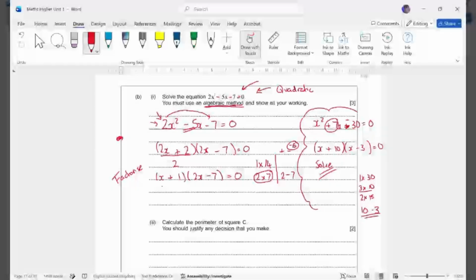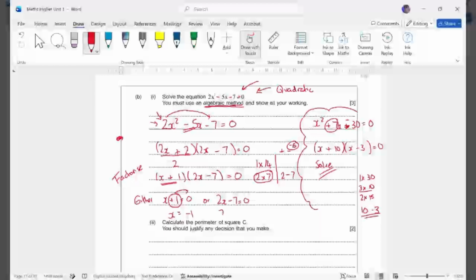The solve bit is either x plus 1 equals 0, or the other bracket equals 0. To make this bracket 0, the plus 1 would move over and be minus 1.